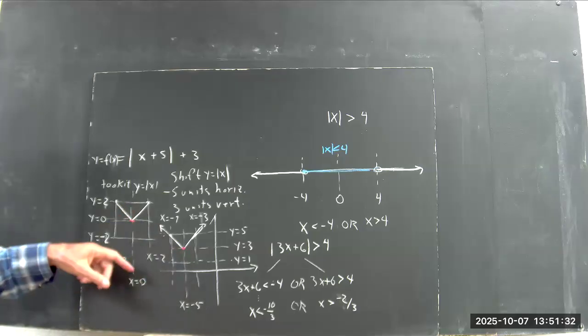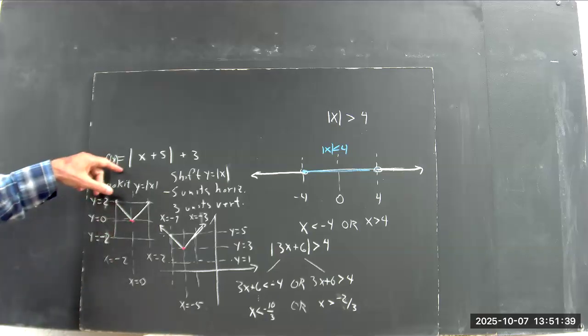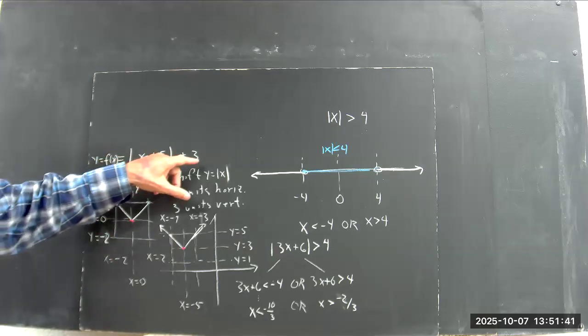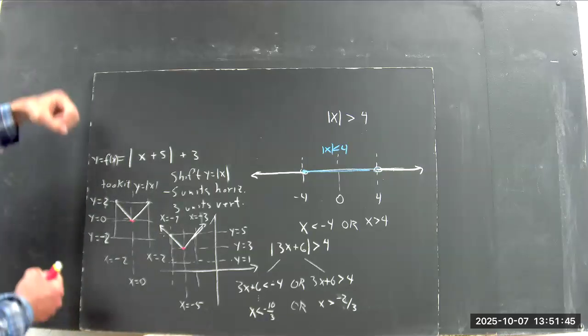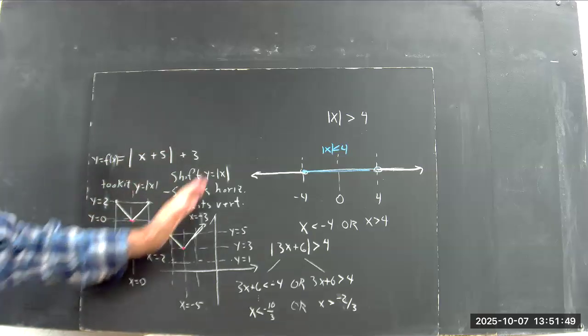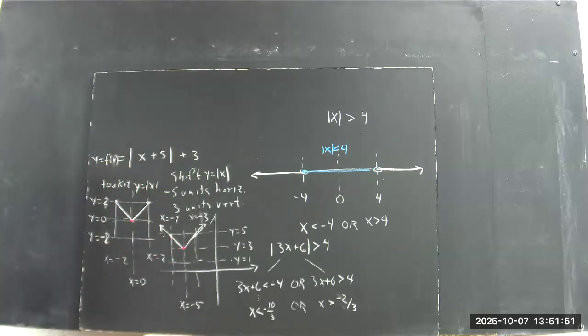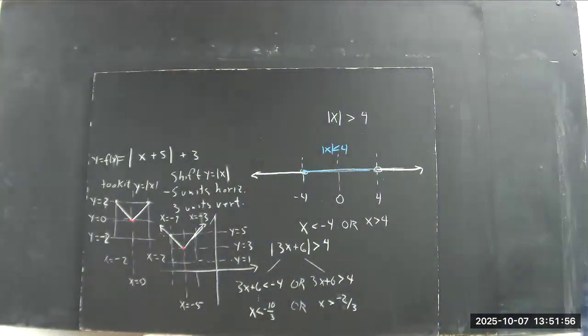The number in front of the absolute value matters. So if I had 3 times the absolute value of x plus 5 plus 3, I'd have to stretch this window out, become 3 times as high in the graph, become 3 times as steep. So Open Math will talk about that sort of thing.